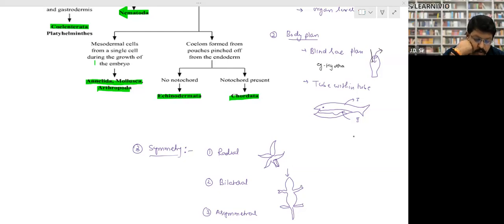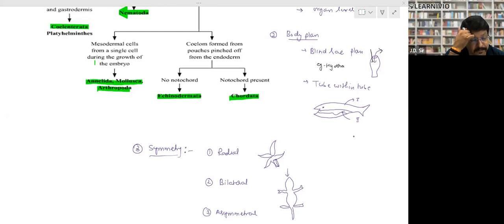When the body is not divisible into two equal halves by any plane, it is called an asymmetrical body.